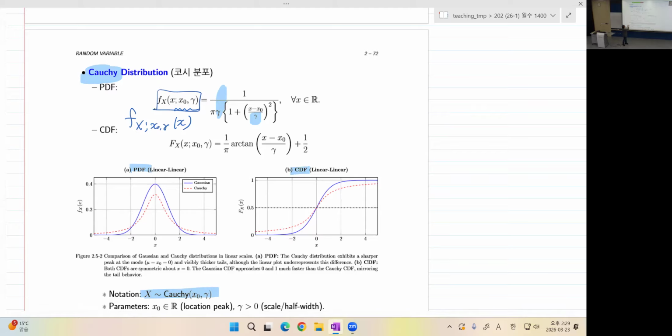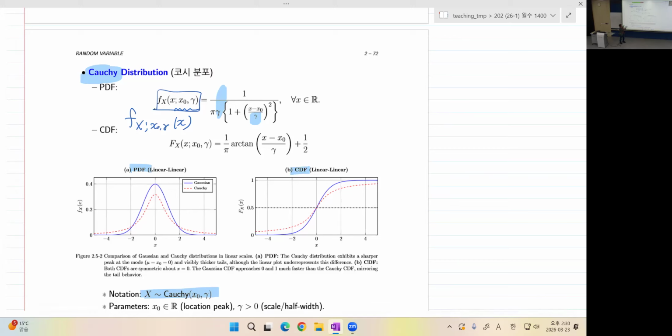It says that it's a density function of X parameterized by X0 and gamma. But anyway, as you see here, again, we have (X minus X0) divided by gamma. So you have now become Pavlov's doodling dog, and you find 1 over gamma here.